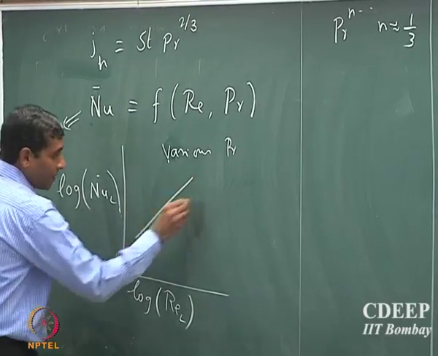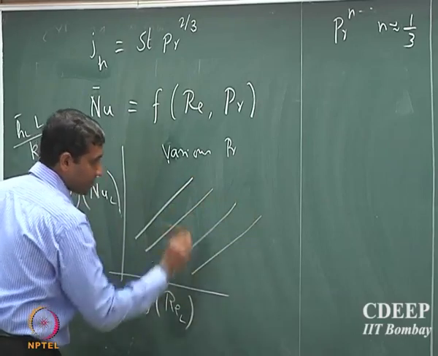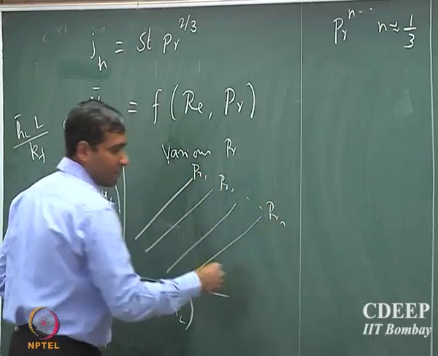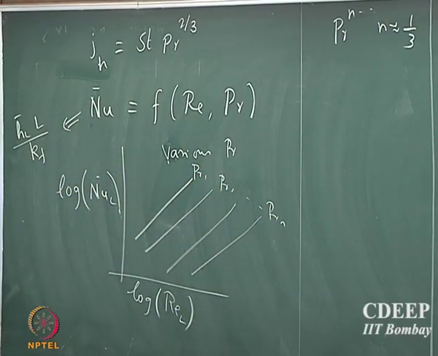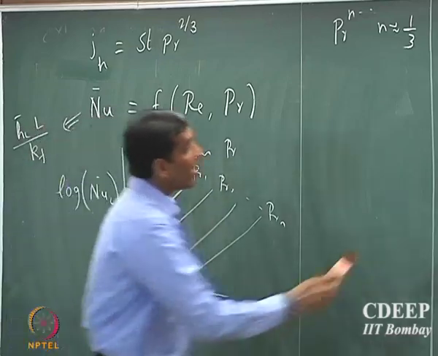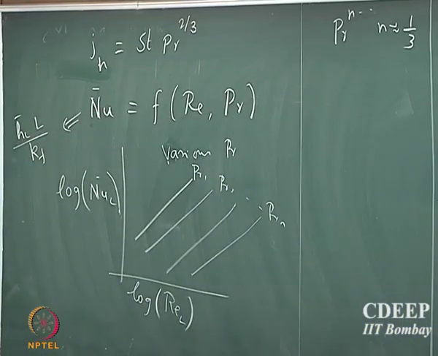So, they made a plot for different values of Prandtl number, Pr1, Pr2, etc., okay. And then what was done was they found that there is some correlation between Reynolds number and Prandtl number.